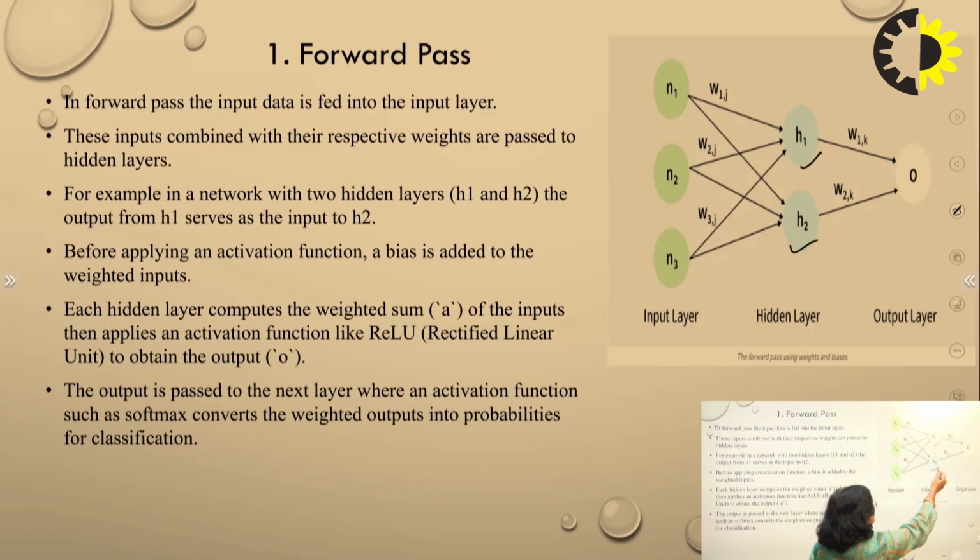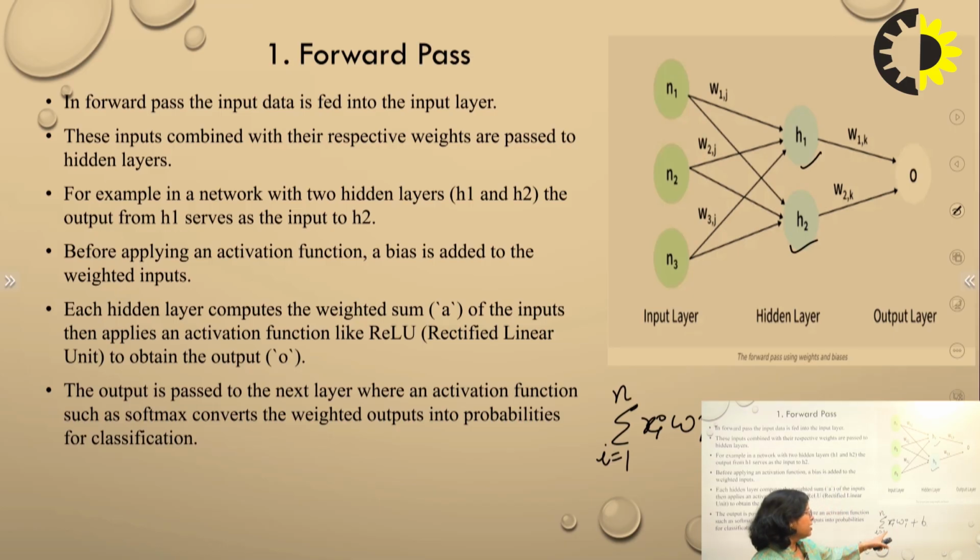Before applying an activation function, a bias is added to the weighted inputs. So now the bias is added, and we can calculate the output of the hidden layer in this form: the sum of xi wi plus b, for i equal to 1 to n.